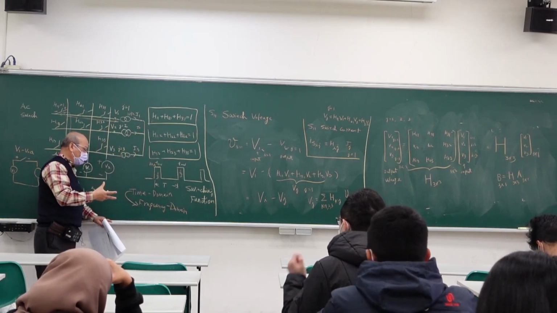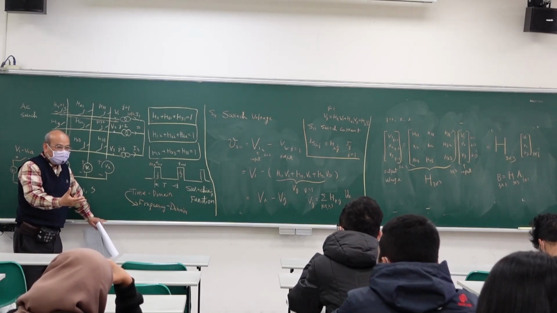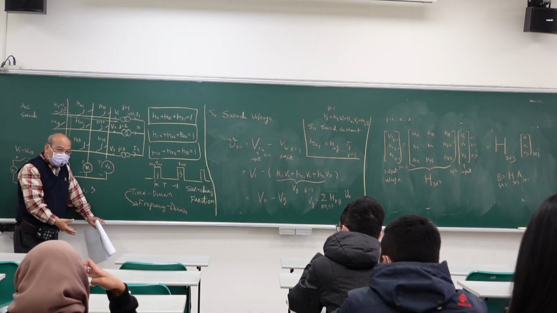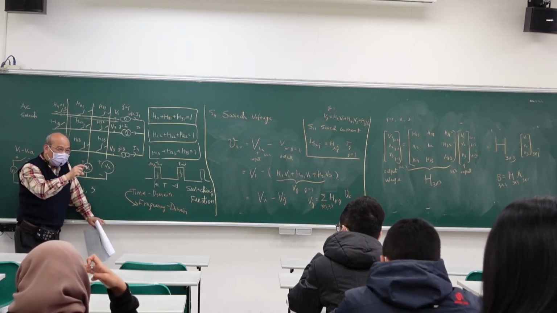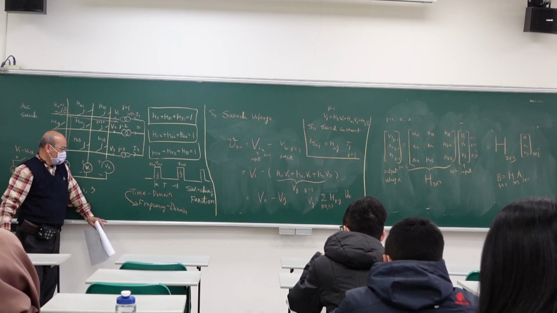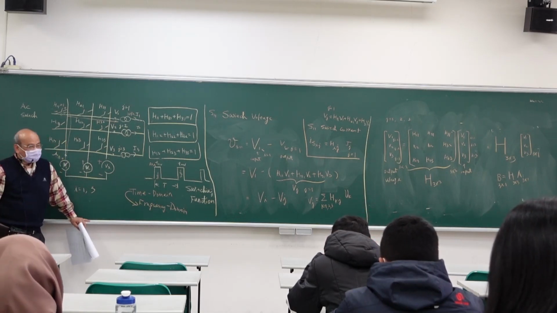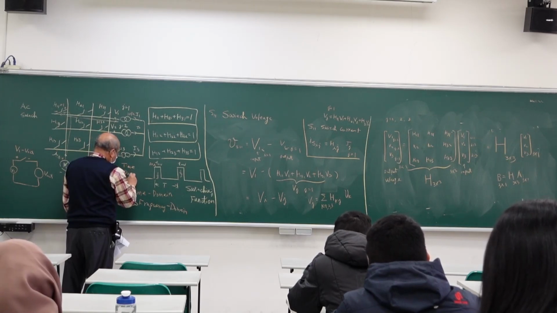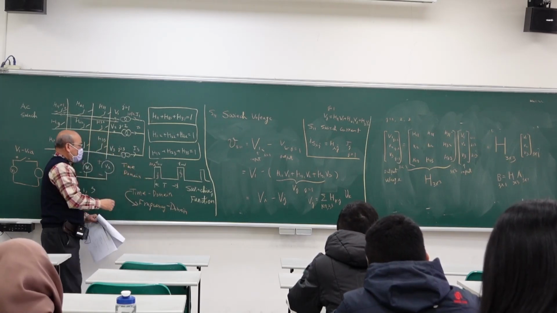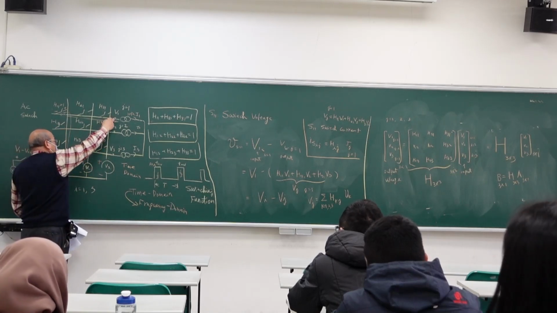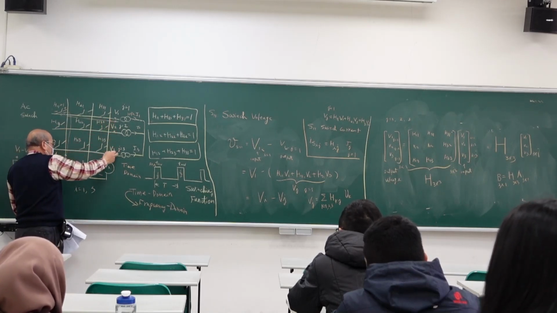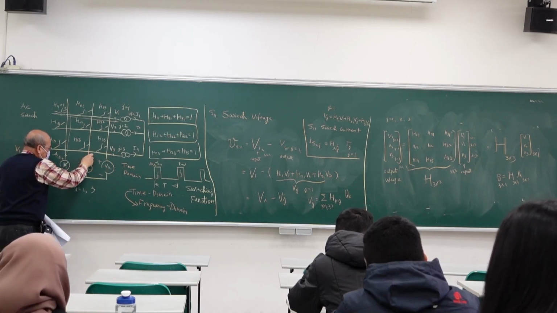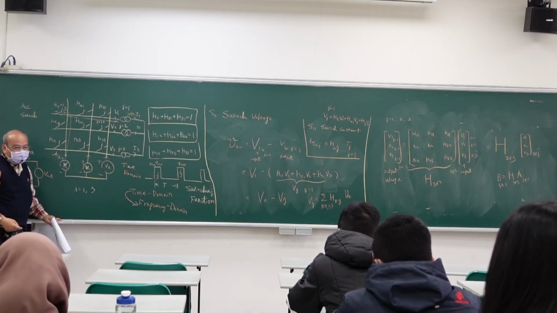Because in frequency domain, you have Fourier series. Then you can learn the 60 Hertz, 180 Hertz, 300 Hertz, how many components. So this is frequency domain. What we learned is the time domain switching function. But this is not enough because we want to learn what the harmonics are here, and what the current harmonics are here.